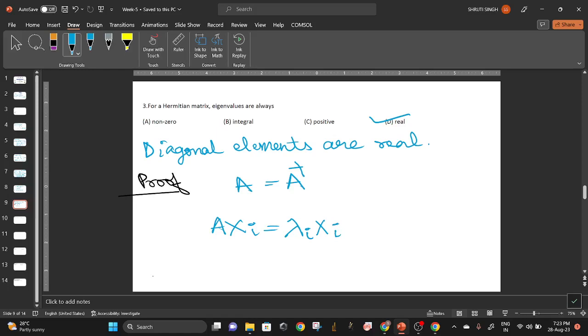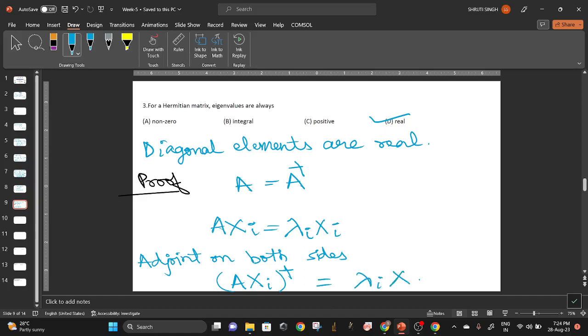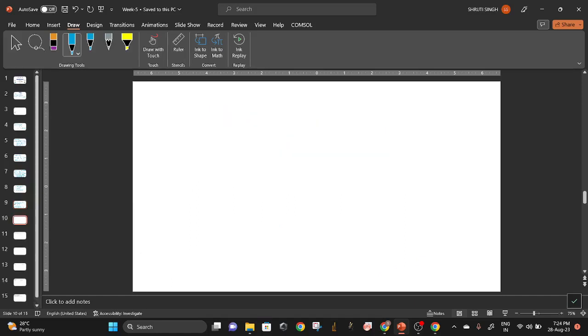Okay, so we can take the adjoint. Similar to matrix multiplication, the adjoint of a product of matrices also follows the inverse order, like this.